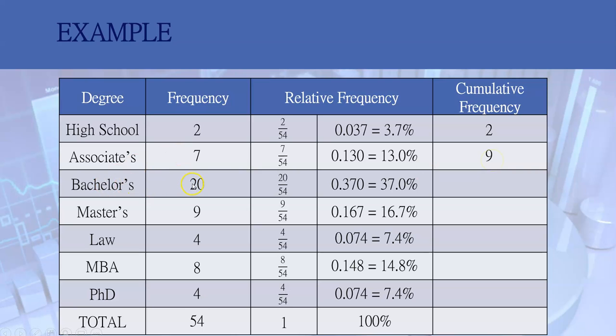For the bachelor's, it's then 29 because this frequency is the bachelor's plus everything before it. Gives me 29. So it's basically a running total. This is what the frequency looks like for everything here. The last row should be the total. That means you've accounted for this row plus everything above it, and those two should be the same.